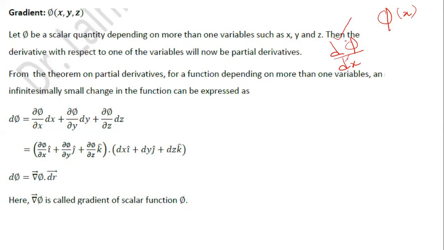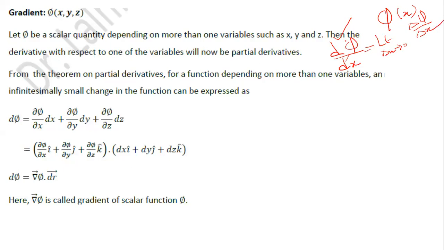In normal derivative, we simply use the notation d. Differentiation of phi with respect to x is called normal derivative if phi is a function of the single variable x only. Now, in this case, this will be the limit del x tending to 0 of del phi, the change in phi with respect to change in x. This is how we take a derivative, right?